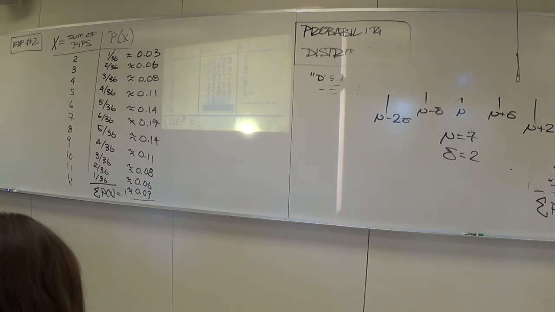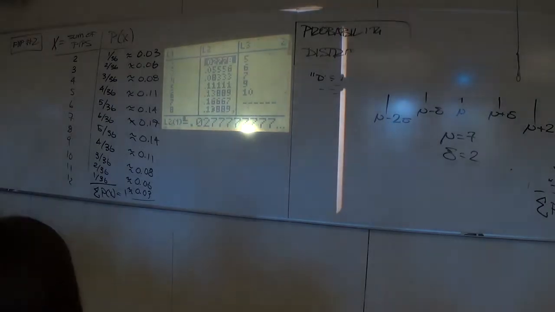That's my biggest problem. One thing at a time. Let me make sure I did this right. 1, 2, 3, 4, 5, 6, 5, 4, 3, 2. I think I did it right. Oh yeah, that's what I did.